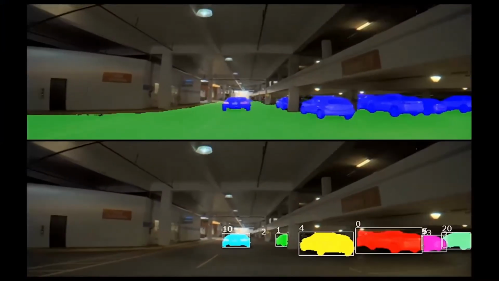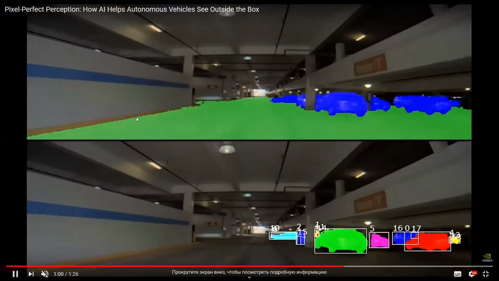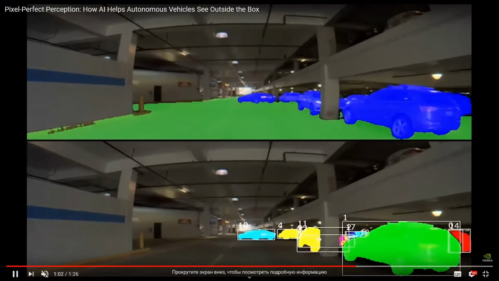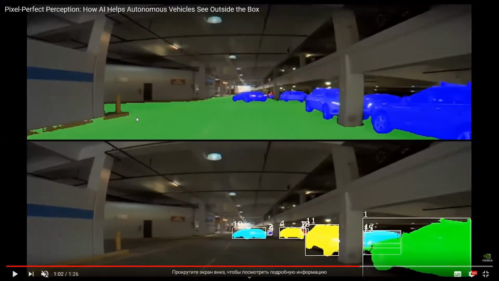The same task could be processed, or the same part could be processed to neural network, and it would do exactly the part for segmentation for us.